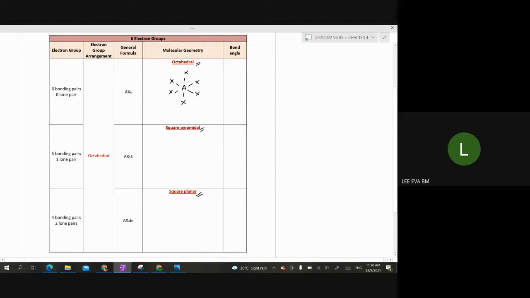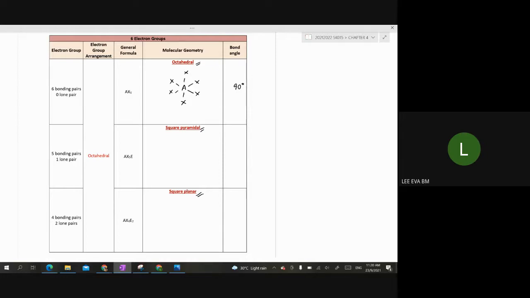So untuk 5 and 6 electron group, they are all expanded octet. Sebab kalau awak tengok fokus kat central atom A, you have already 12 electrons. So obviously, it is expanded. Okay. Lepas tu nanti kita tengok example lah. So bond angle dekat sini adalah 90 darjah sahaja. Okay, so only one bond angle, which is 90 for octahedral.